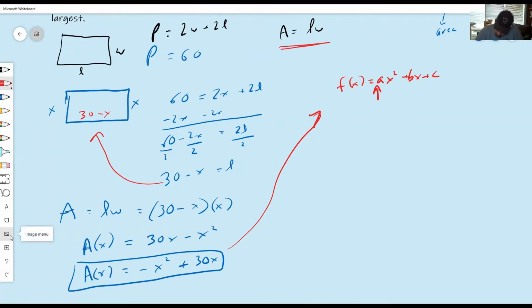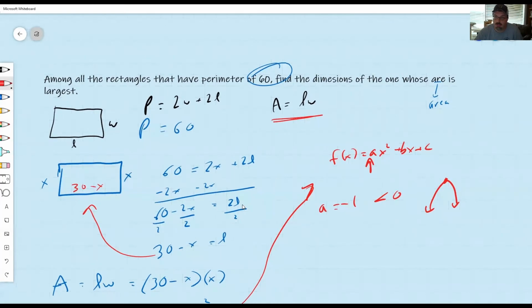So here, a is minus 1, which is less than 0, so open down. So we have a maximum. And if you go back and look, right, whose area is largest, that's a maximum. So we're on the right track.